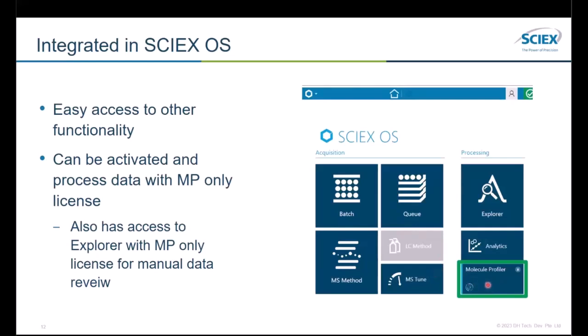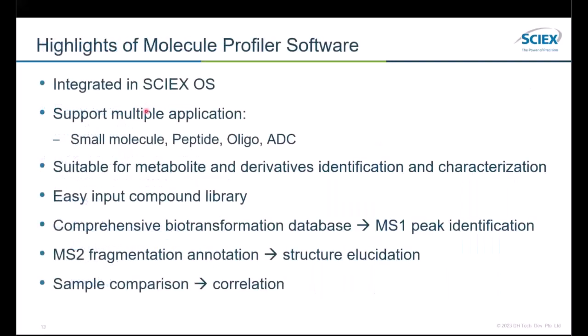Molecule Profiler is inbuilt, but you just need a license to get it activated, and then you see this tile on the software. It also comes with the Explorer, where you can manually process or review your data. So it's a combination of two very powerful softwares within SCIEX to address your metabolite identification needs.